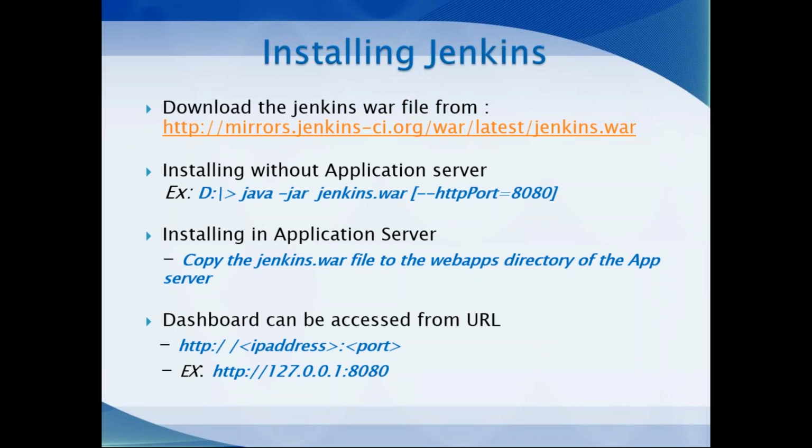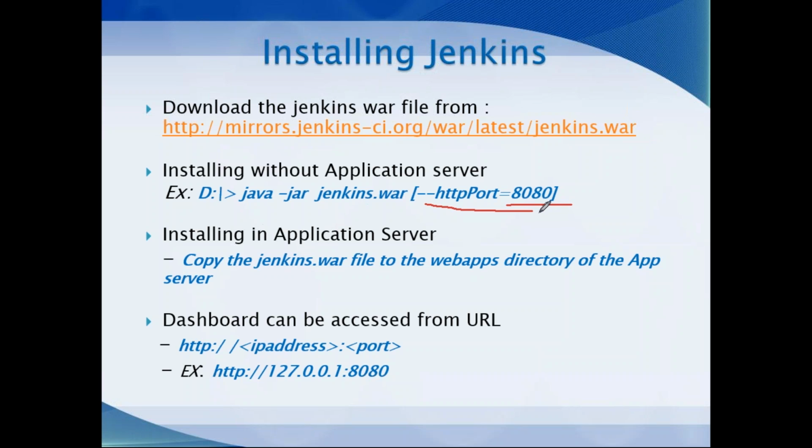As it is a Java application, I can run it using Java commands, java -jar. Jenkins uses port 8080 by default, but if you want, you can change it with this argument. If you don't give this argument, --httpPort, it will directly take 8080.